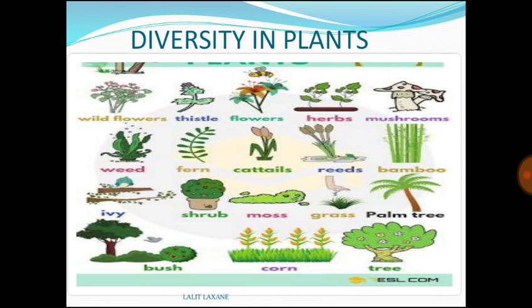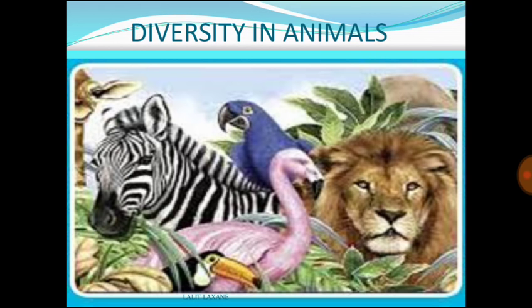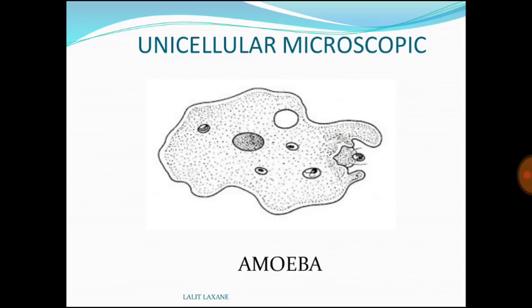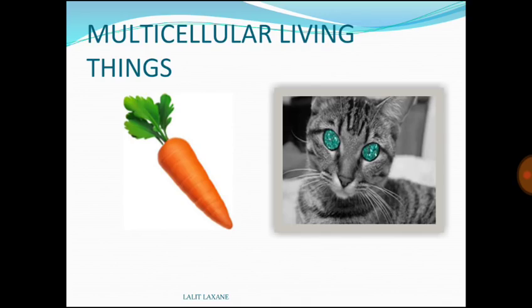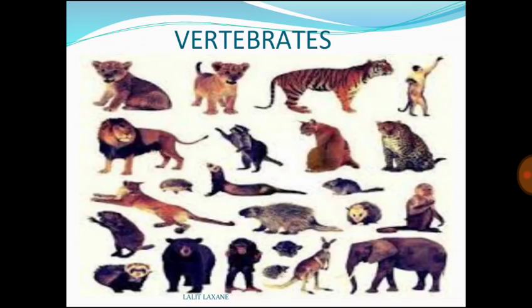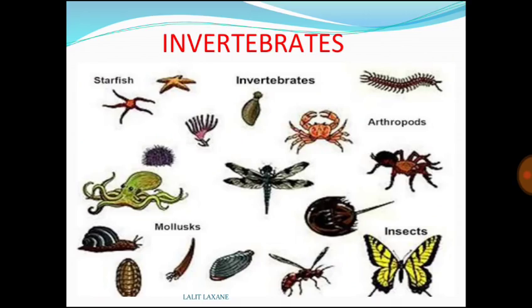Like plants, animals too show diversity. Some are unicellular, others multicellular. Some are vertebrates, whereas others are invertebrates.